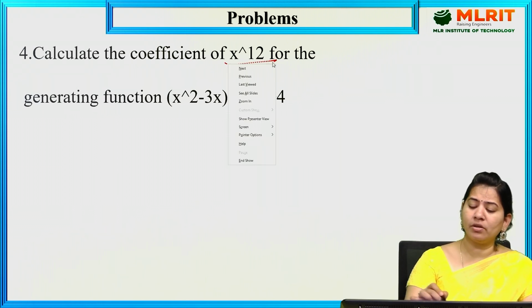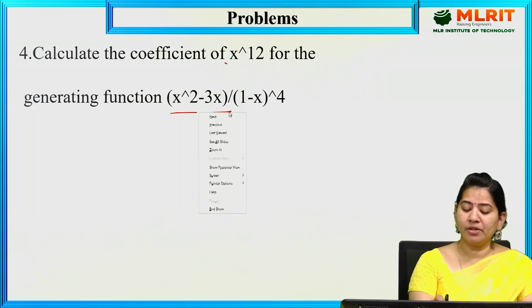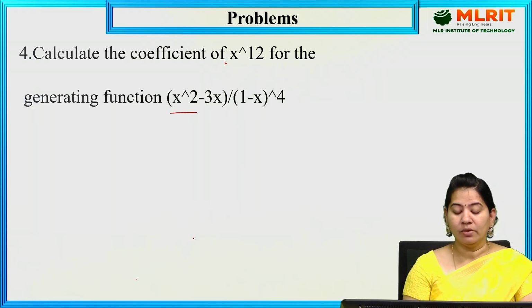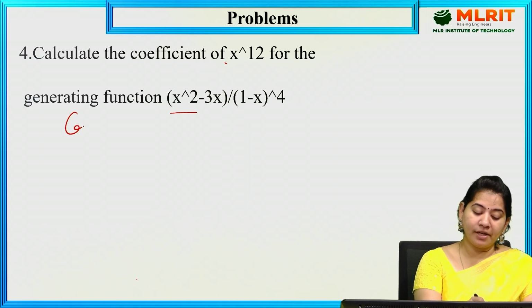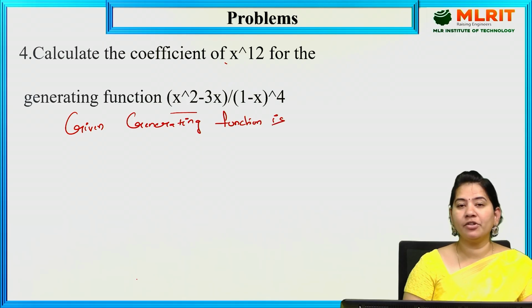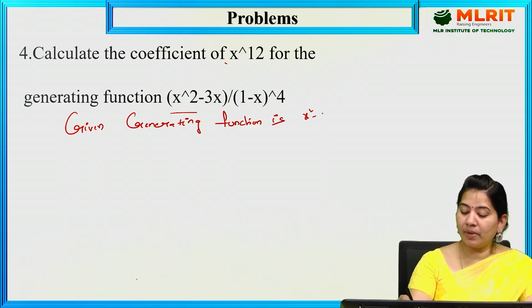Calculate the coefficient of x power 12 for the generating function x square minus 3x by 1 minus x whole power 4. The given generating function is x square minus 3x by 1 minus x whole power 4.